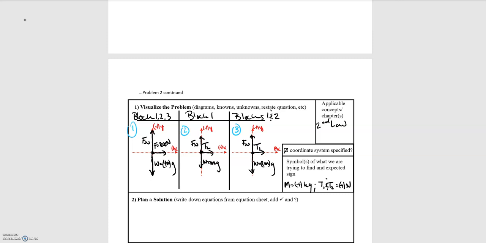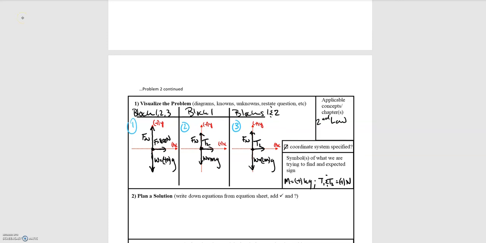So we have a net force in the x direction since we have acceleration in the x direction, so everything looks consistent here. We don't need to deal with the y direction because a sub y is equal to 0. And so we're going to just be dealing with the x direction. We're going to use Newton's second law, which is the sum of the forces in the x direction is equal to the mass times the acceleration in the x direction.